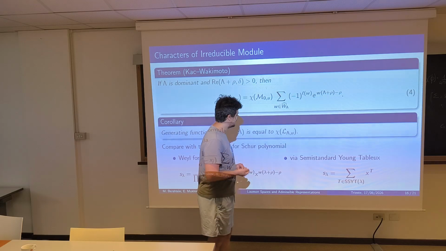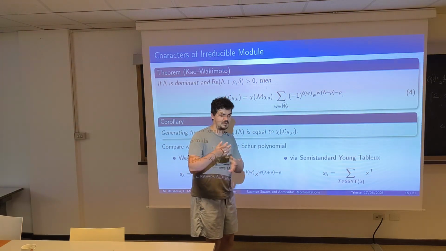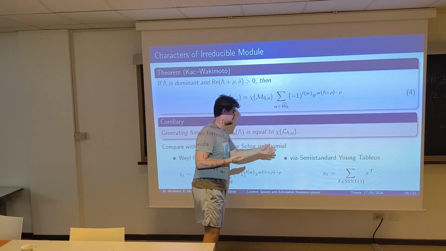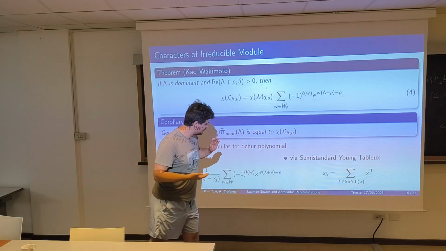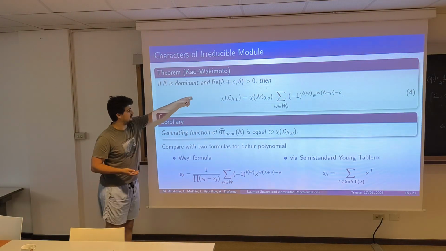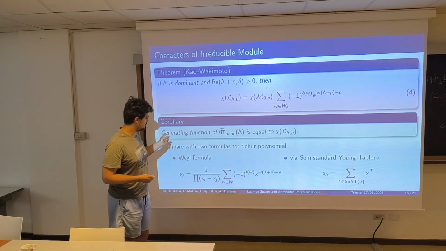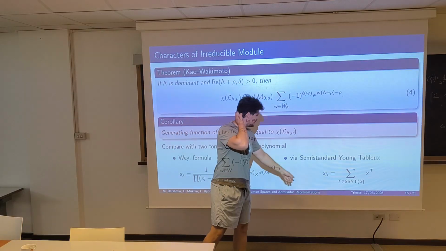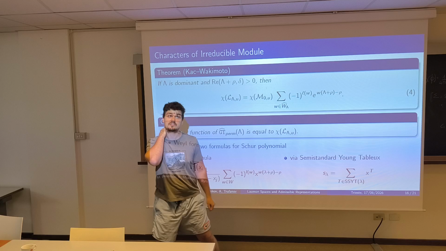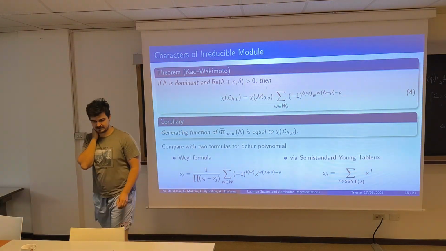Maybe you have heard that semi-standard Young tableaux are a reformulation of Gelfand-Tsetlin patterns for the finite case. So what we do is a generalization of this. This formula is the same as this, and the formula for the generating function is a generalization of the generating function for semi-standard Young tableaux. That's it.